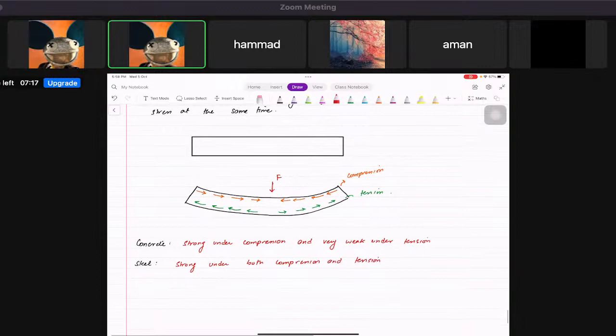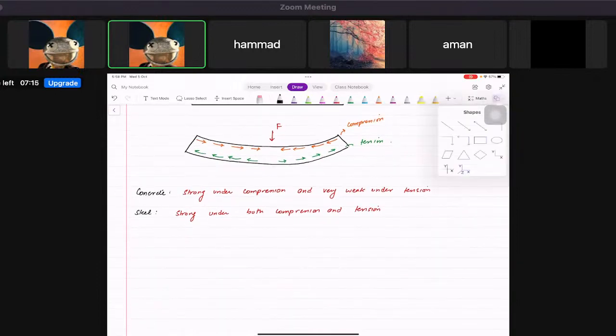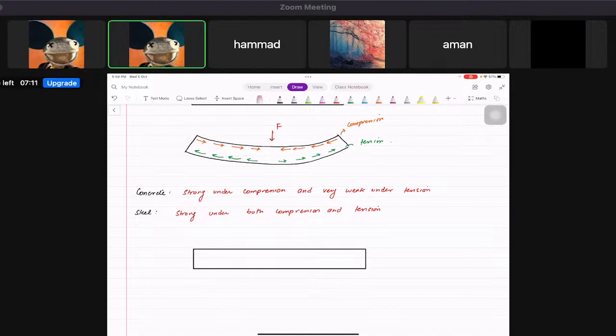That is the reason that when buildings are made, you might have seen that before they fill in concrete, they put steel bars at the bottom of that particular member, whether it's the roof, ceiling, or just the beam. So these are the steel bars, and then concrete is poured in to protect concrete from breaking under tension, which the steel bars can hold. Is it clear, everybody? Any questions?